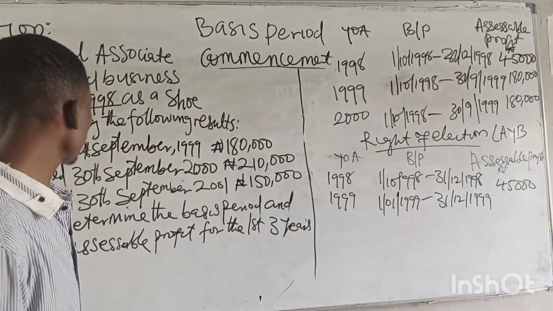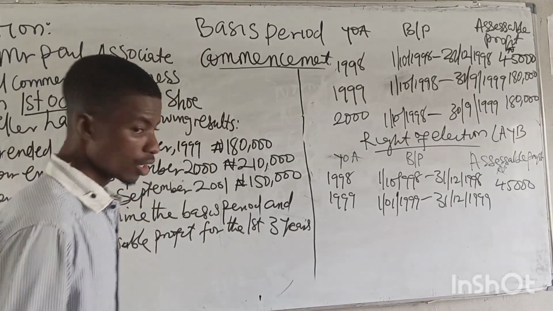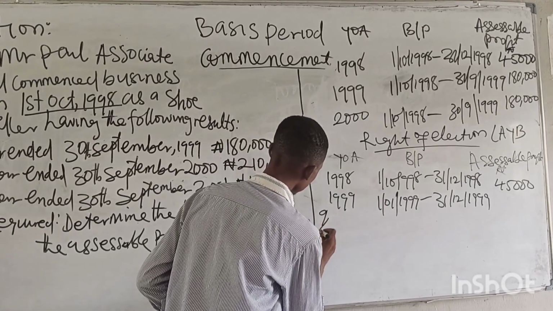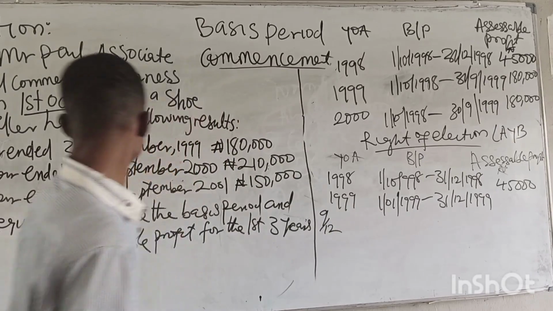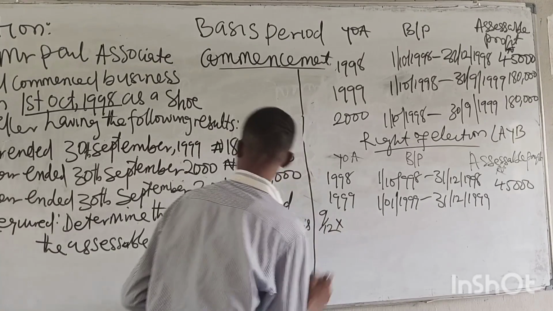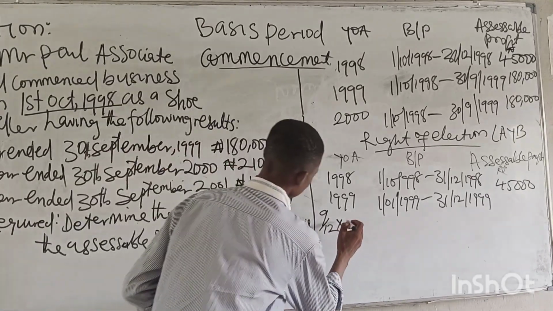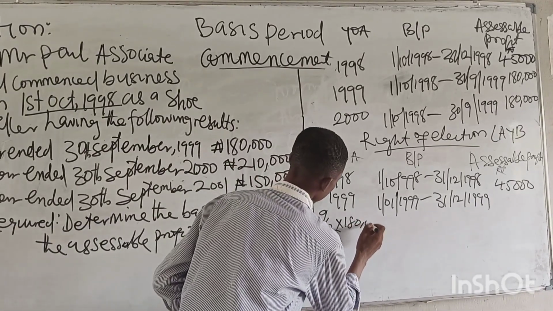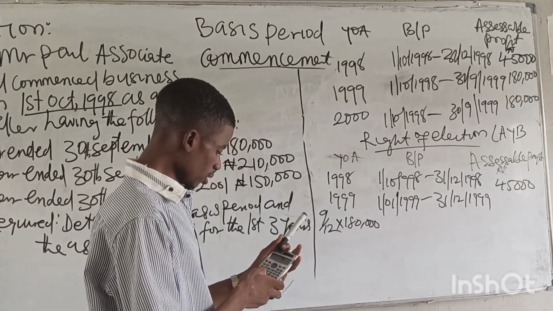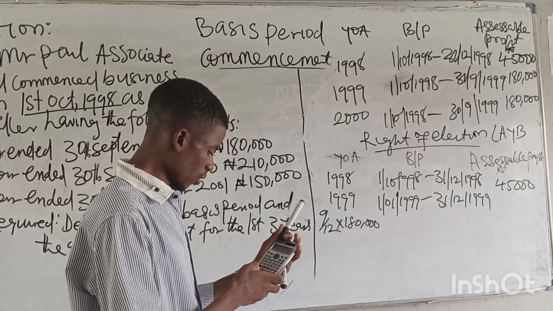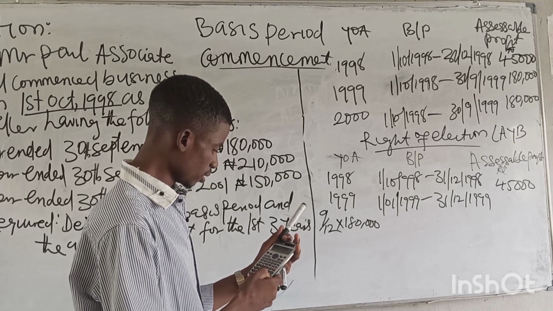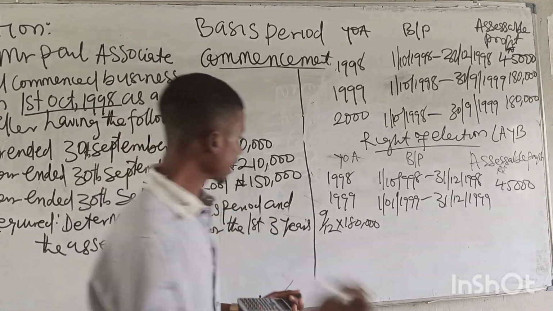So it means that what we are going to do here, we are going to say 9 over 12, because the question ended in September, which is 9 months. We say 9 over 12 times the amount, which is 180,000. Let's see what it will give us. So 9 over 12 times 180, it will give us 135,000.